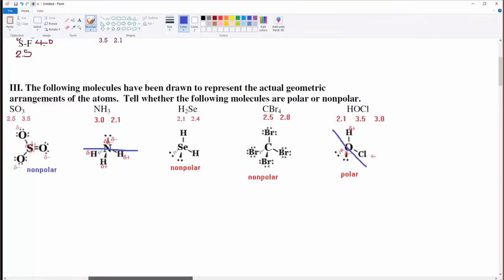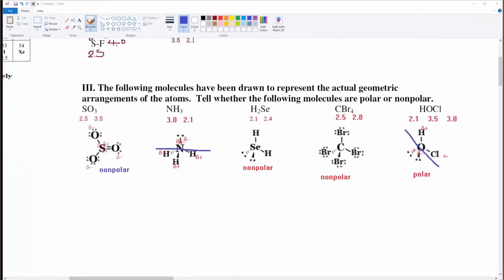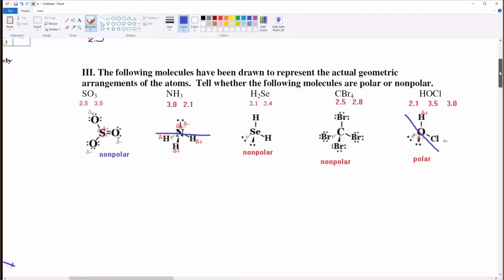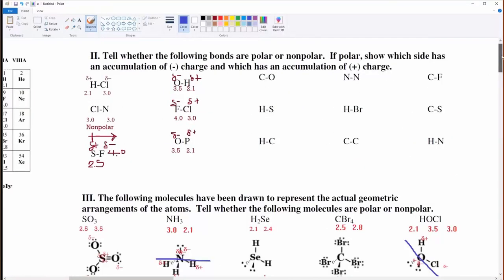Are you feeling confident about these? Do you want to do a few more? Okay. So what I'm going to do, I'm going to pull these from the worksheet. And of course, the worksheet, as it does, kind of builds you up, right? The first question was to tell me what the electronegativity values were. Second question says, look at individual bonds.